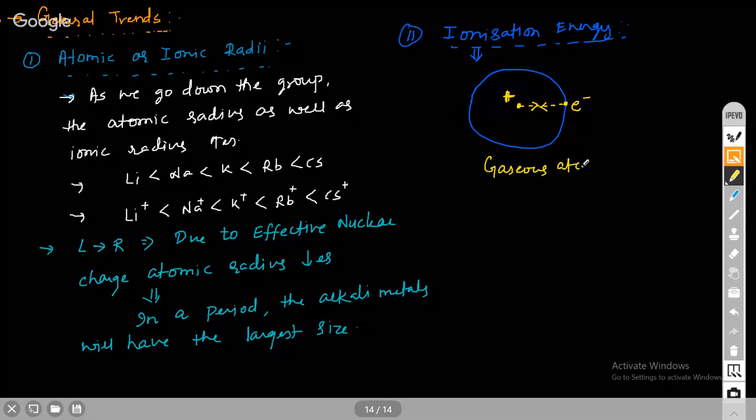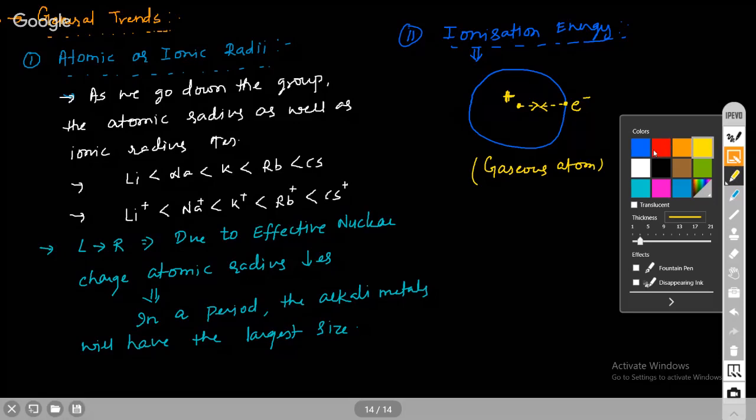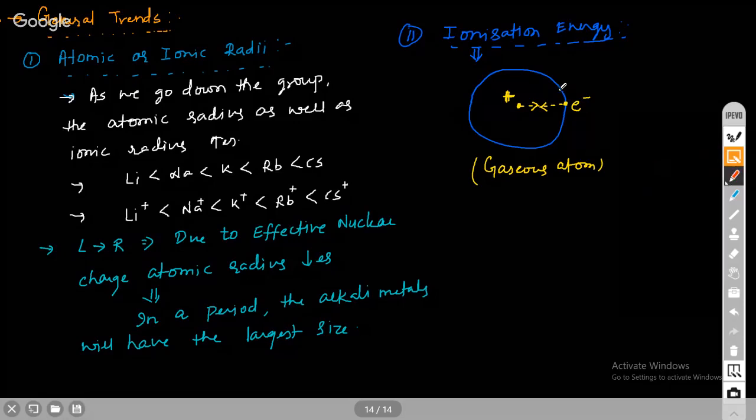Gaseous atom. Now, if you want to remove this electron, what you have to do, first of all, you have to overcome this attraction pull. This you have to break, right? Then only you can remove the electron.